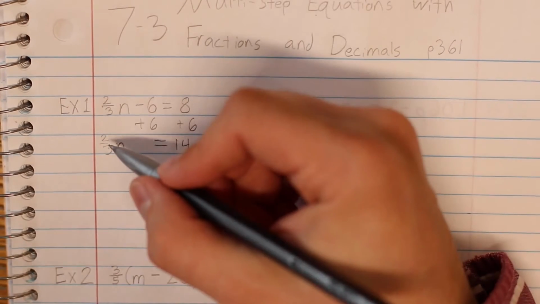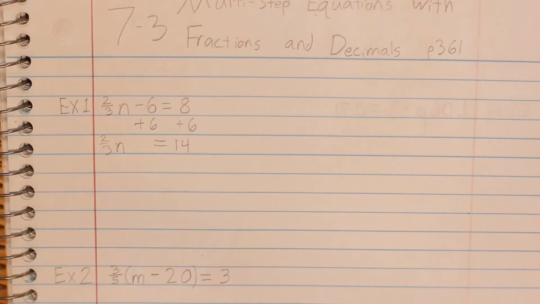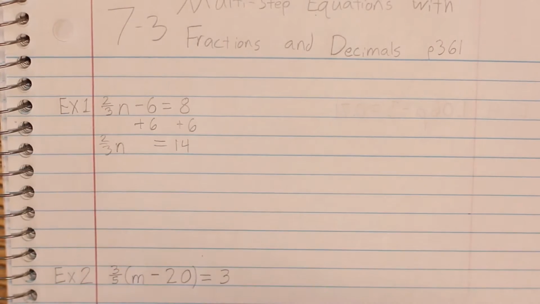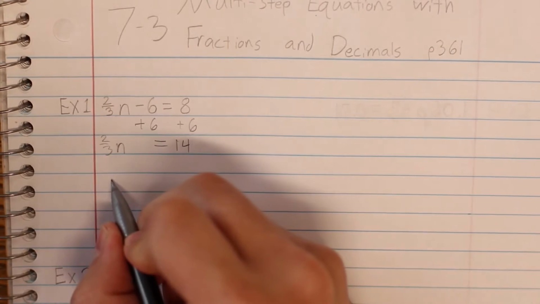Next, we need to get rid of this. Now, you should remember how to remove a fraction. You could divide, but remember, dividing by fractions is weird and kind of complicated. There's something easier you can do. See if you remember, it's called multiply by the reciprocal.